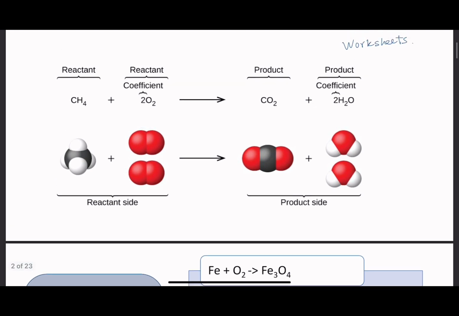As I mentioned, on the left side in the chemical reactions, we have reactants, and on the right side we have the products. So reactants are reacting together and producing us the products.